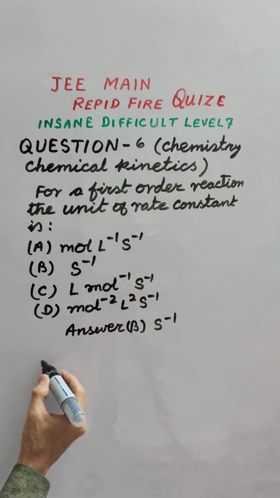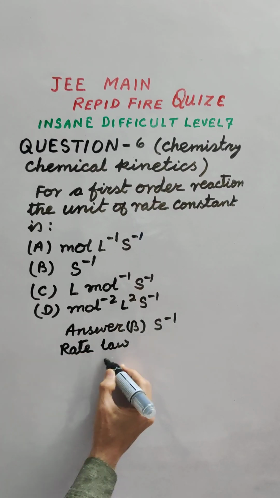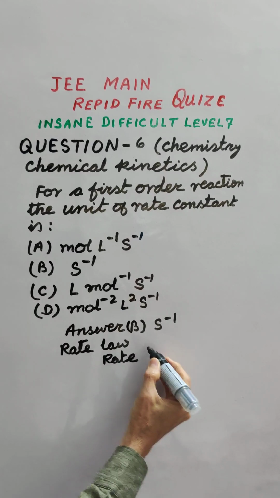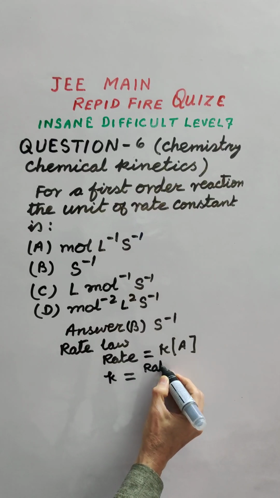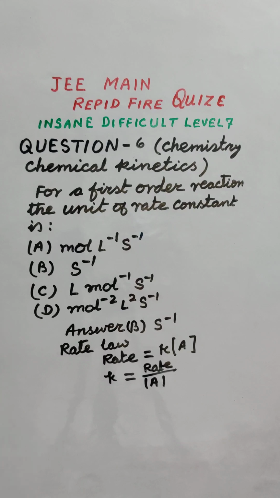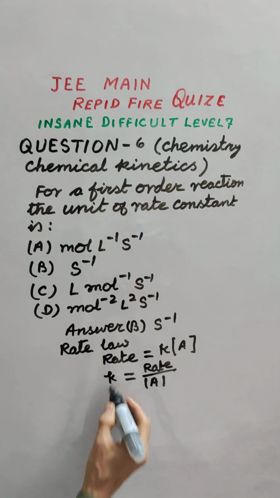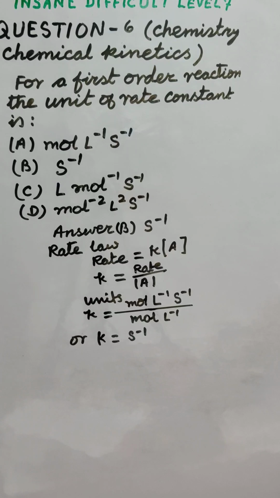Using the rate law, we have rate is equal to k times the concentration of A, or we can say k, the constant, is equal to rate upon the modulus of A. So on substituting units, here mole inverse is cancelled with mole inverse, so k is equal to second inverse.